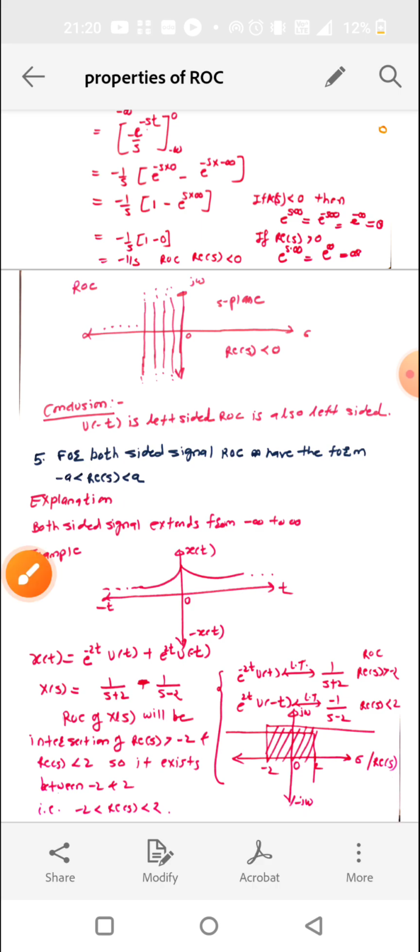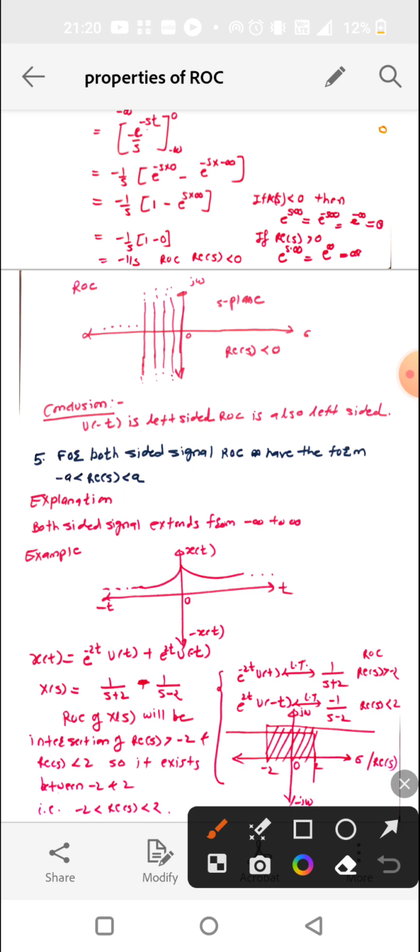Now the X(s) of e raised to minus 2t u(t) is 1 by s plus 2. I am not going to solve this problem. This is a simple formula. We can remember this formula, and when we find the Laplace transform of exponential, there we will explain how X(s) is equal to 1 by s plus 2.